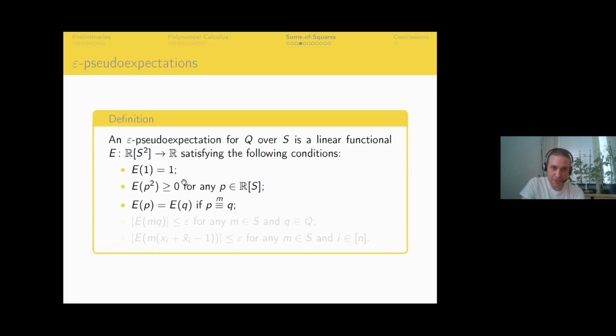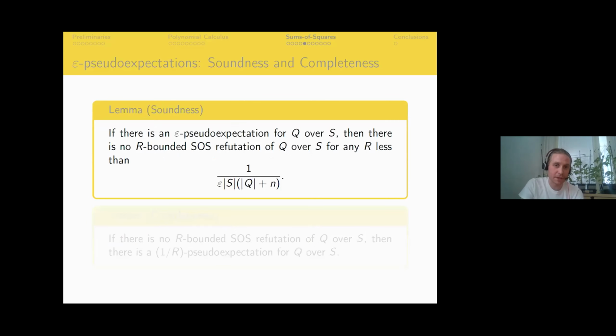It maps the constant polynomial 1 to the value 1, any square to a non-negative value, respects the equality modulo multilinearization, and then maps the lifts of the axioms and the complementarity axioms epsilon close to 0. So the lifts by a monomial in S. Okay. And for these kinds of objects, we have the following soundness and completeness.